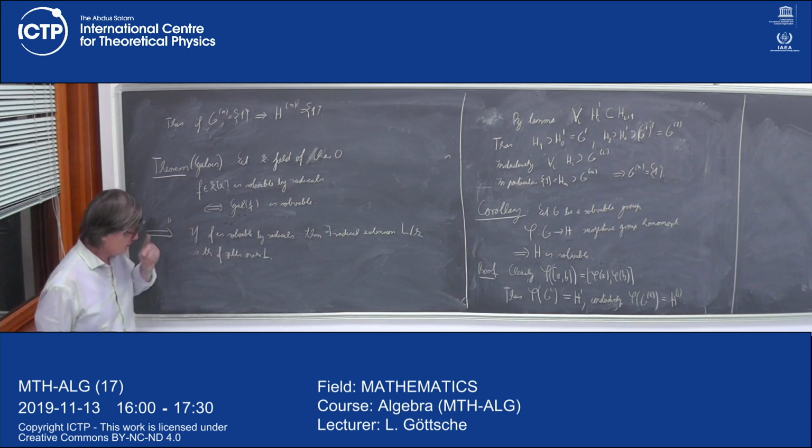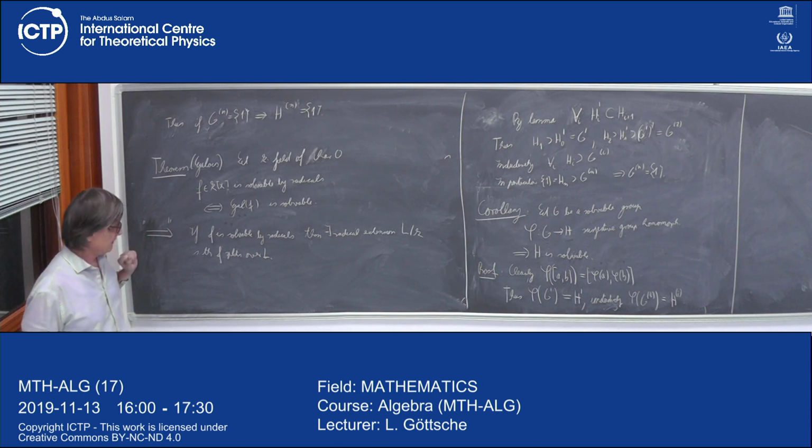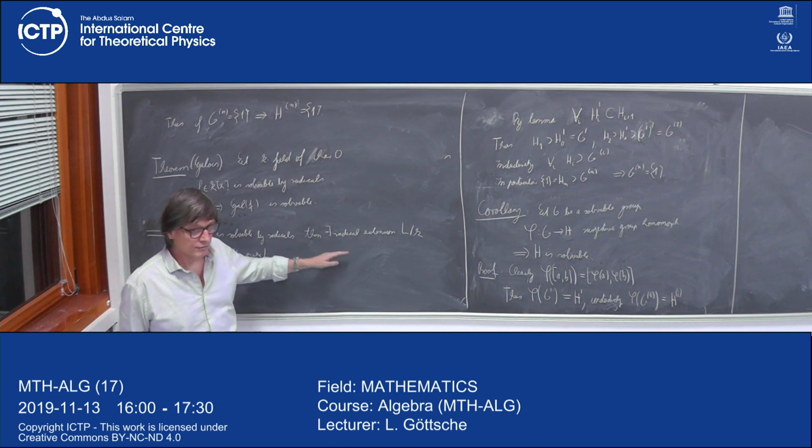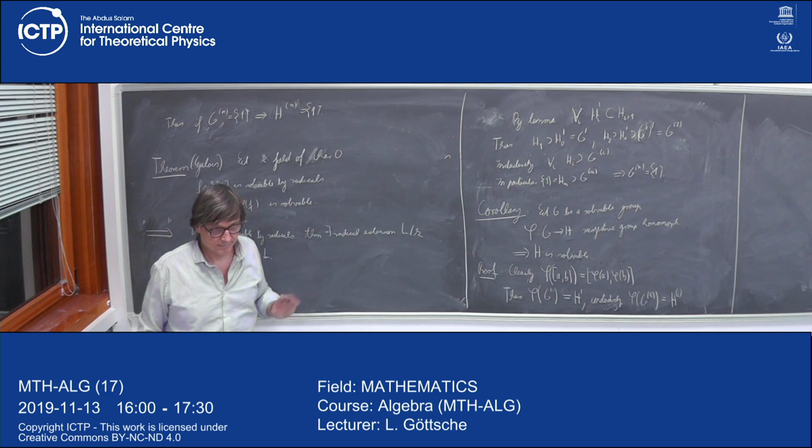So therefore, in order to make this proof, we want to see that we can reduce our proof to the case when there exists a radical extension which is also a Galois extension.